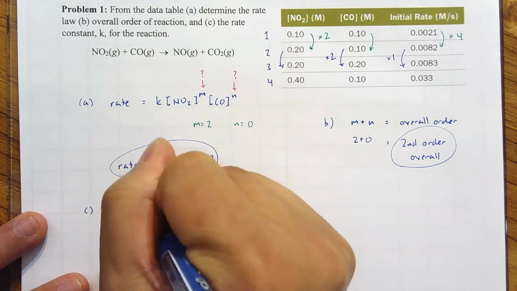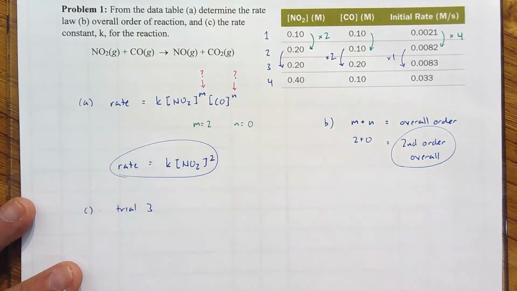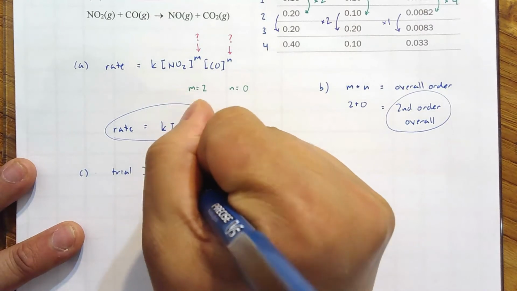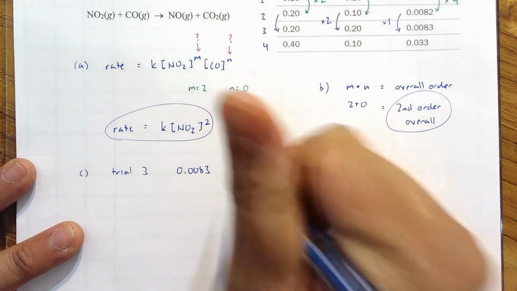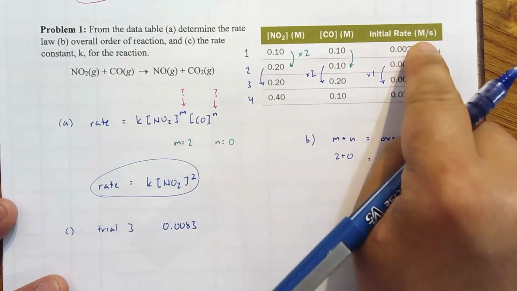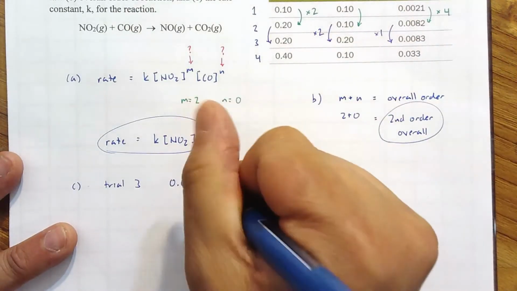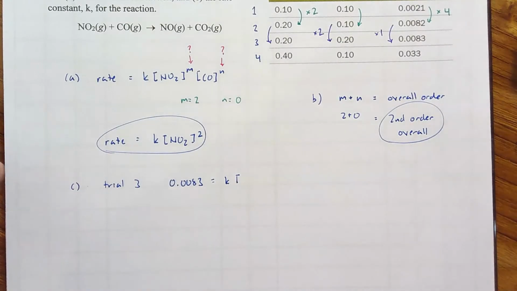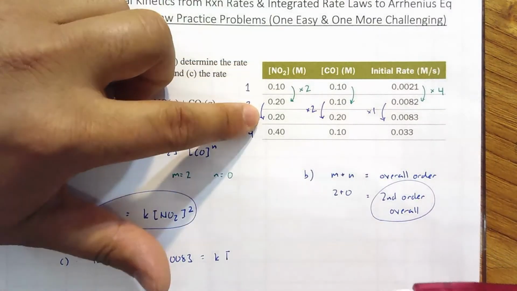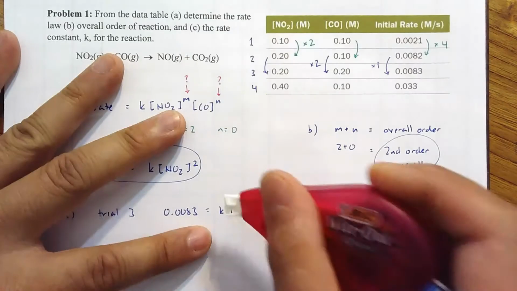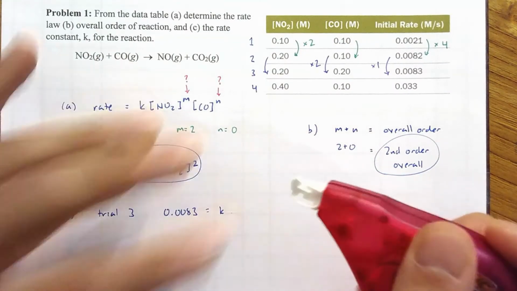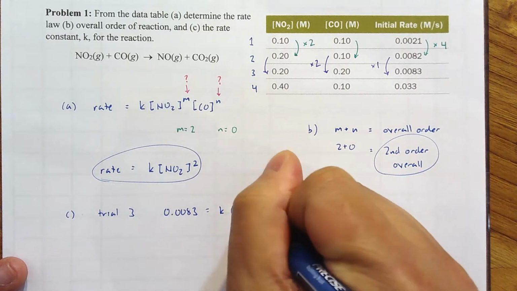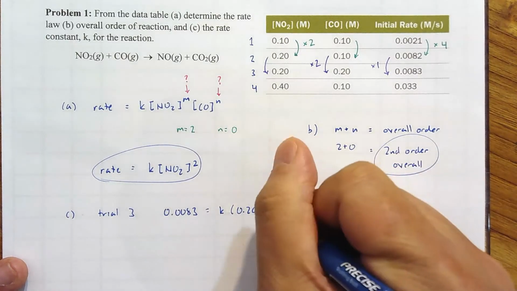Trial 3, you're just plugging in and calculating for K. For trial 3, the rate is 0.0083, and just keep track, it's molarity per second, equals K times the concentration, but we have a number for concentration. It is 0.2. Don't use brackets. Brackets means concentration. So we just take 0.2, the numerical value, and we square it.